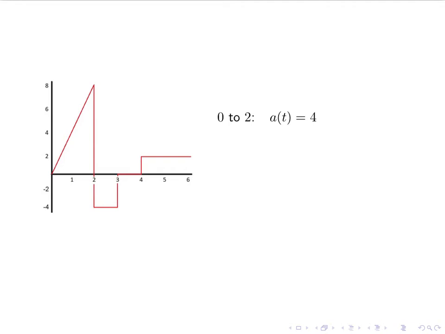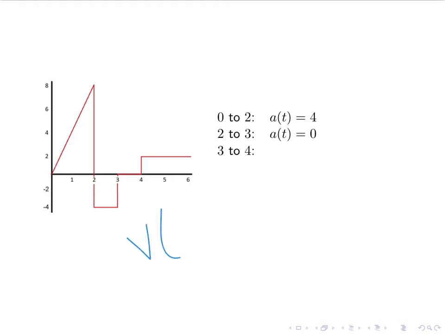So for this, we actually found the values, so I don't even have to go about doing it graphically. I can do it algebraically, because we did actually find these v of t functions. So from 2 to 3, my velocity function was -4. So the derivative of -4 is 0 because it's just a constant.